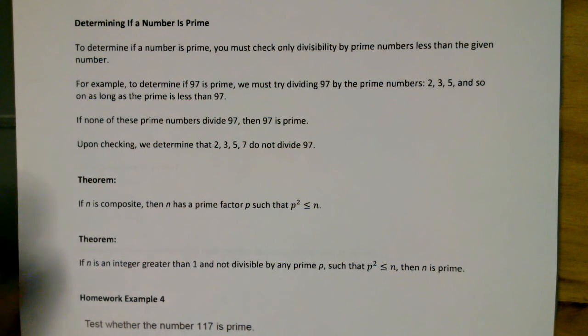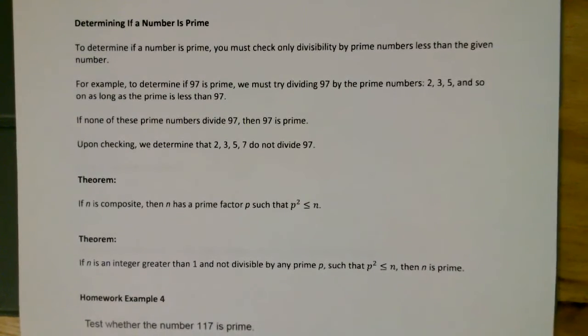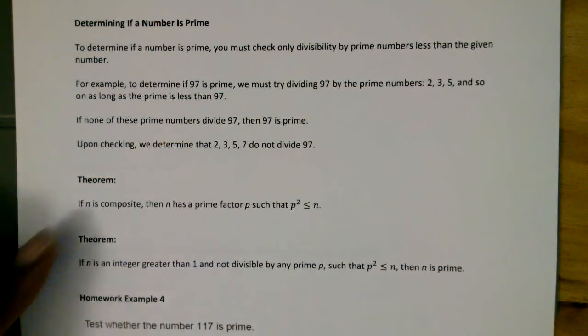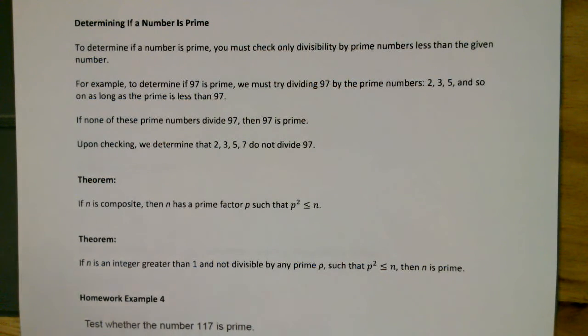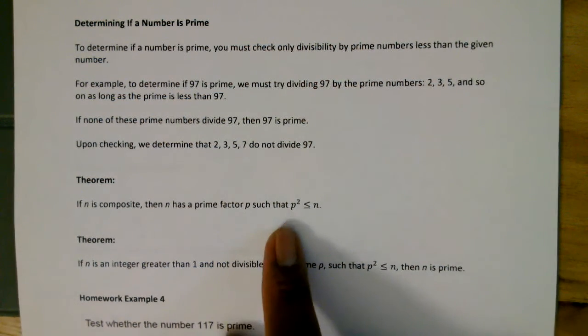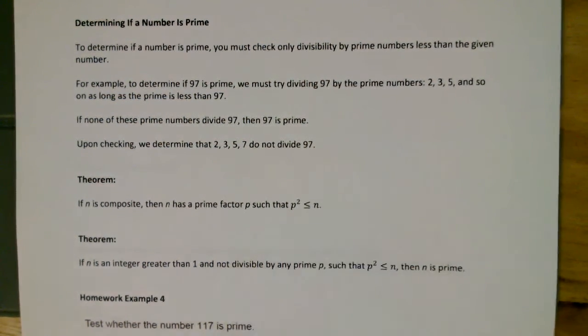And here's a theorem that we're going to be using to determine the greatest prime that we must consider to determine whether a given number is prime. If n is composite, then n has a prime factor p such that p squared is less than or equal to n.